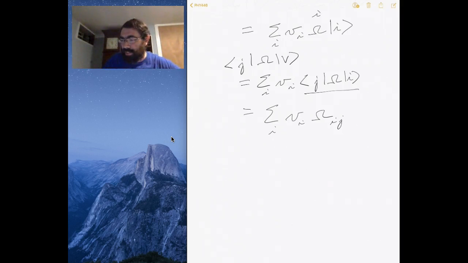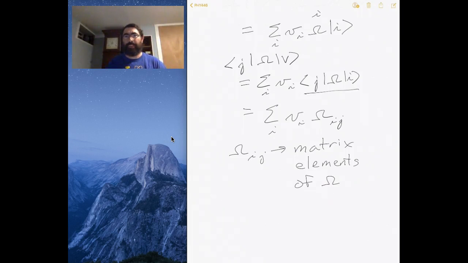So these omega ij are called the matrix elements of the operator omega. So now you can think of them as the elements of this n by n matrix that we have for the operator omega.